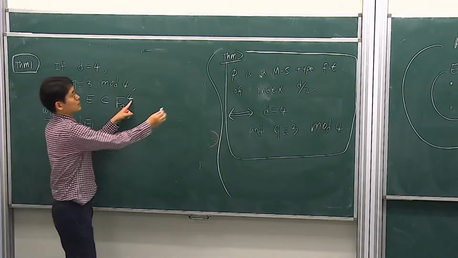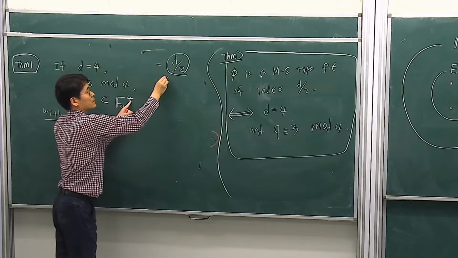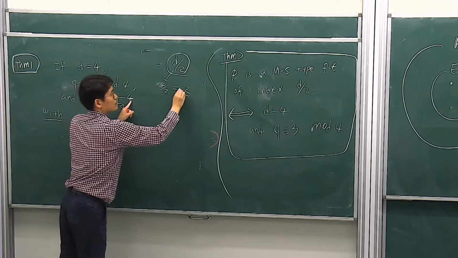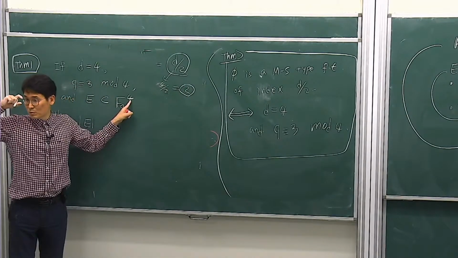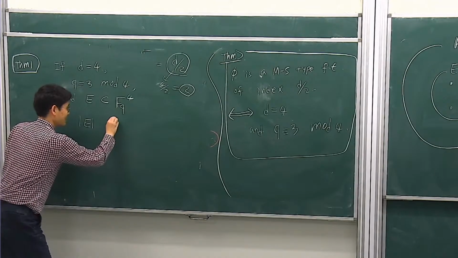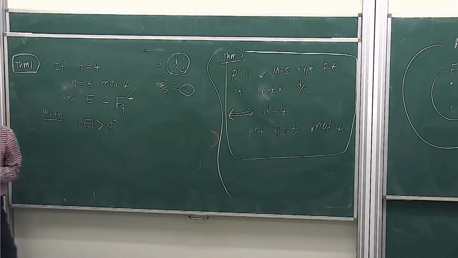Actually, what is the conjecture? d over 2, where d is 4, so 4 over 2. The conjecture exponent is 2. Now, surprisingly, we have this, where the coefficient C is 1. It's really sharp.